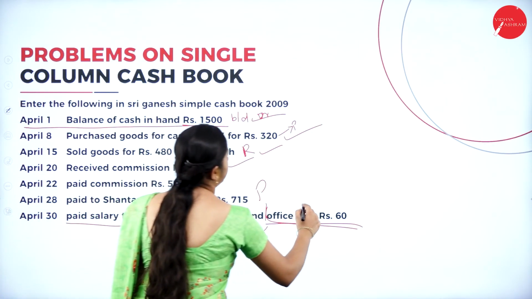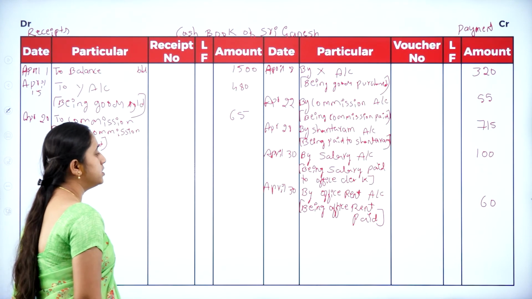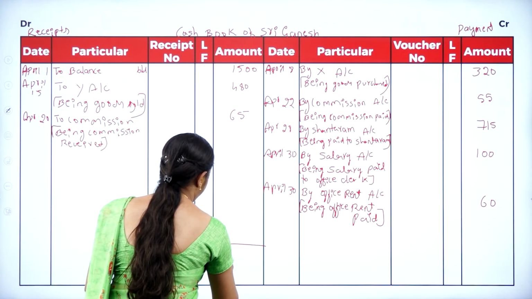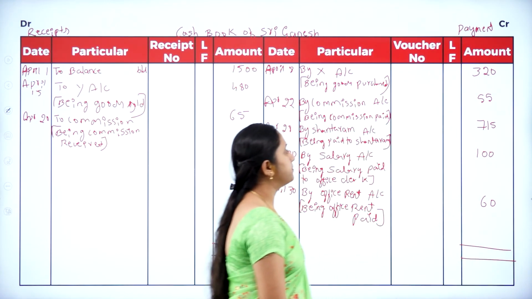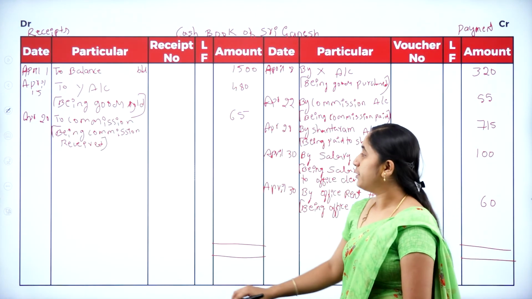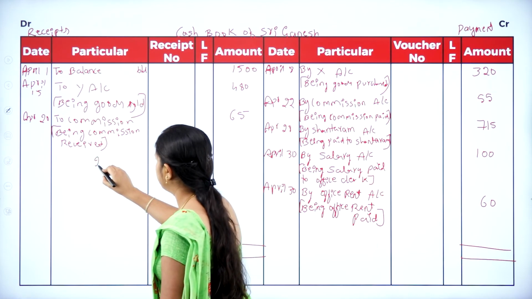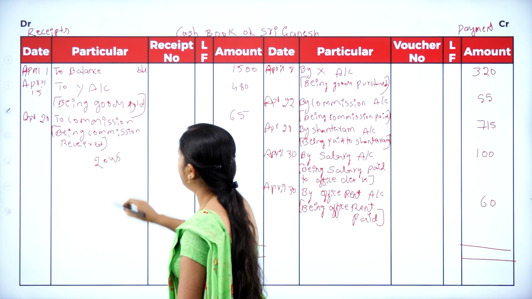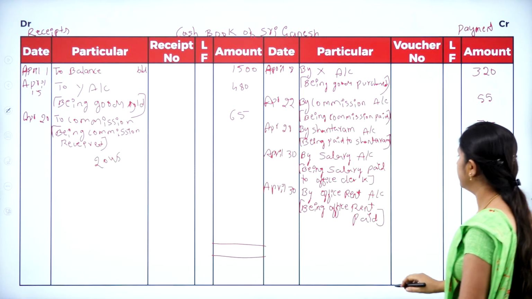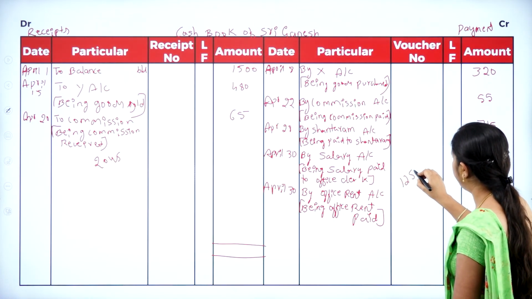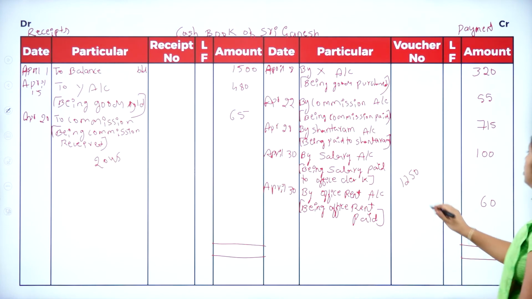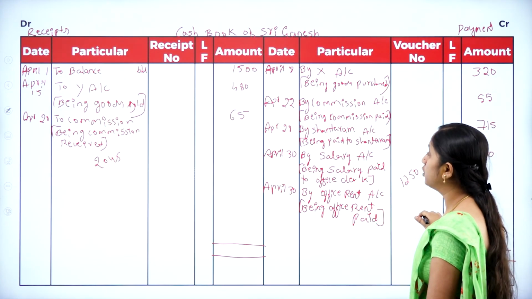So all the transactions we have recorded. Now make a total. The total of debit is 2045 and total of credit is rupees 1250.